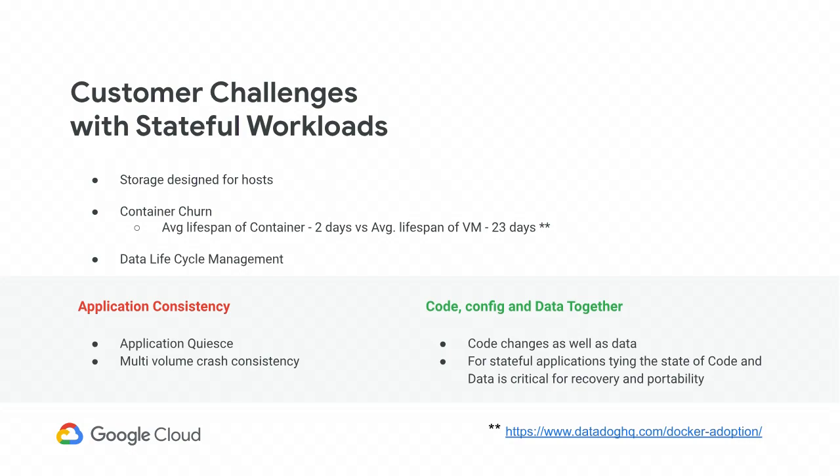Next, according to a survey done by Datadog last year, the biggest difference is also the average lifespan of a container. The average lifespan of a container is 2 days versus 23 days for a VM. The data point is interesting, but what does it mean? It means: can I move my data at the same pace that my application is moving?